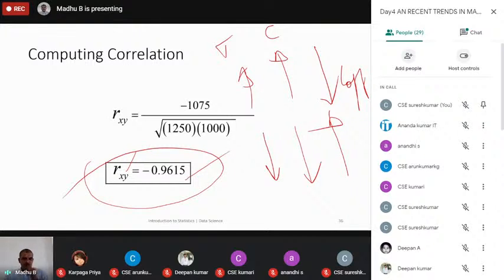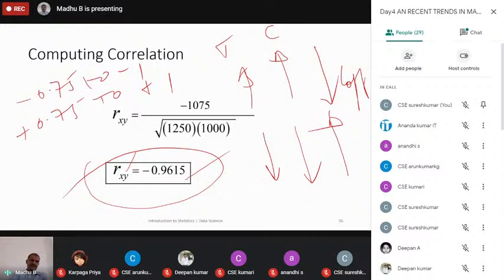The standard thumb rule is, if the value is between minus 0.75 to minus 1 or plus 0.75 to plus 1, then they are stated to be highly correlated. So here the value is 0.9615, so they are highly correlated, and negatively correlated.